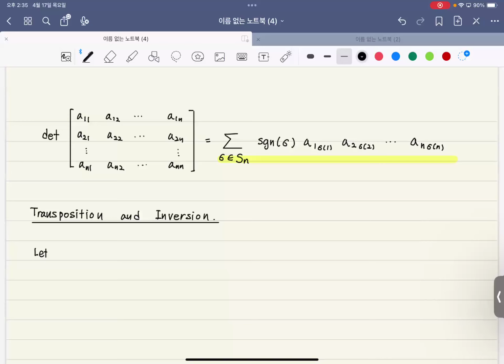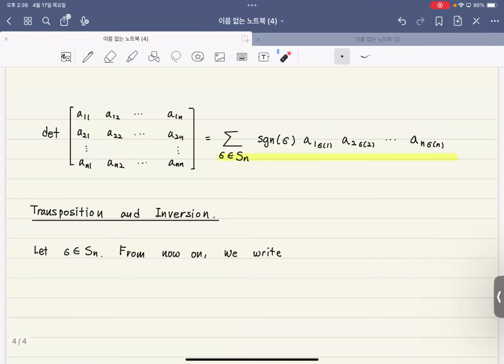Suppose I have sigma, and from now on, we will sometimes write to describe a permutation. So far, in order to describe any permutation, I draw the map, a cartoonish picture, 2 columns and arrows between them, which is not a very systematic way of expressing a permutation.